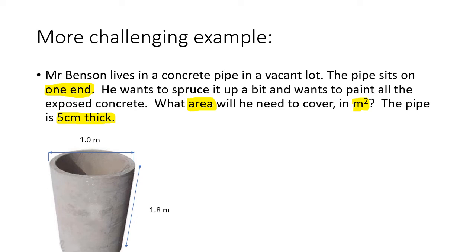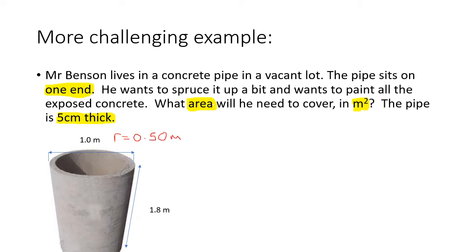Now we've also got the diagram to think about down here, so there's probably some things that we can learn from the diagram as well. So one of them that's worth thinking about is that we have the diameter of the pipe here given as 1 meter, which means that the radius of the pipe, which is going to be to the outside of the pipe, is going to be 0.5 meters.